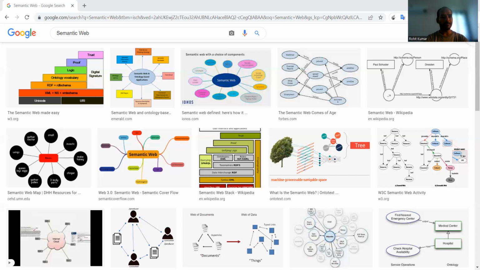So the point is that there are so many different domains as well as different research areas where the application of this particular domain lies.